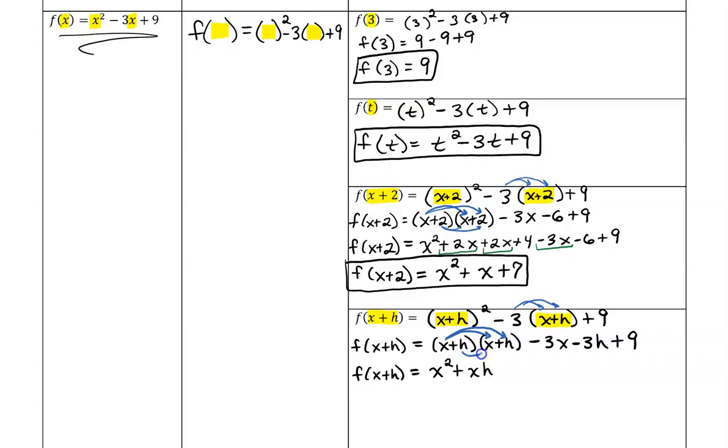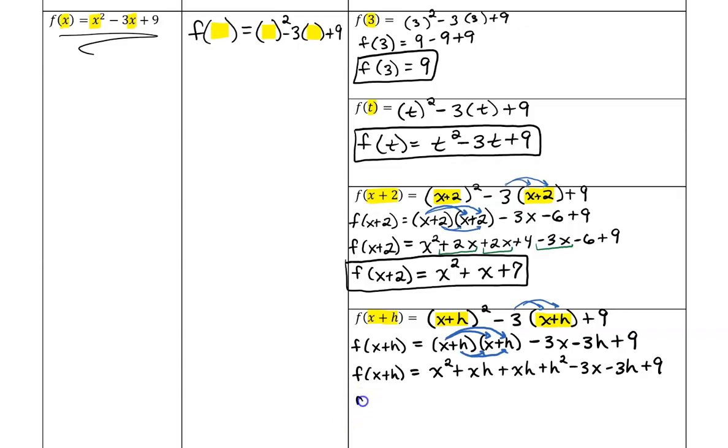Then the inside, x times h again, right, or hx. Well, I can write that as hx there. The same variables are being multiplied. And then the last terms, h times h gives me h squared. I still have all of these other ones, this minus 3x minus 3h plus 9.